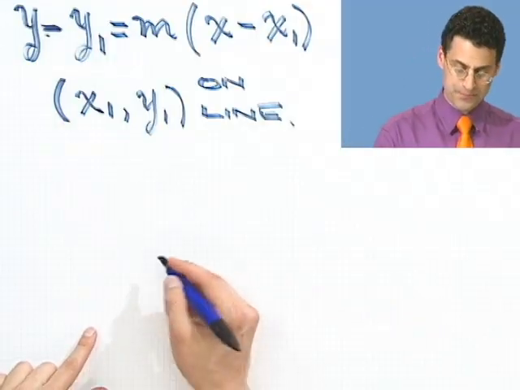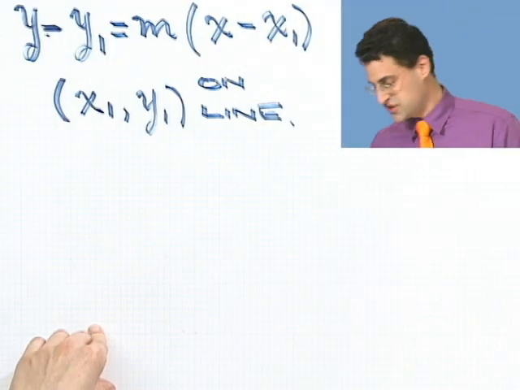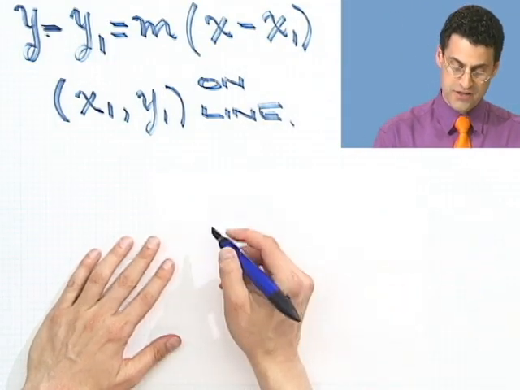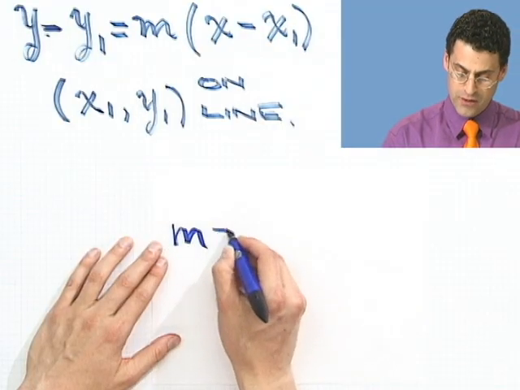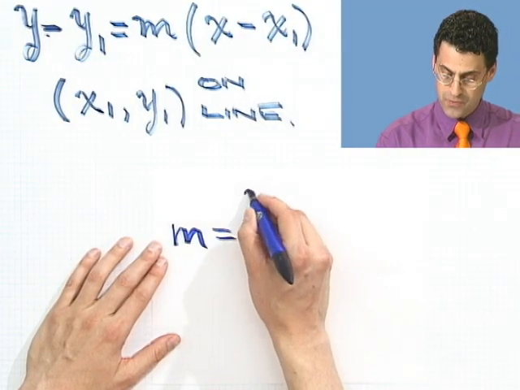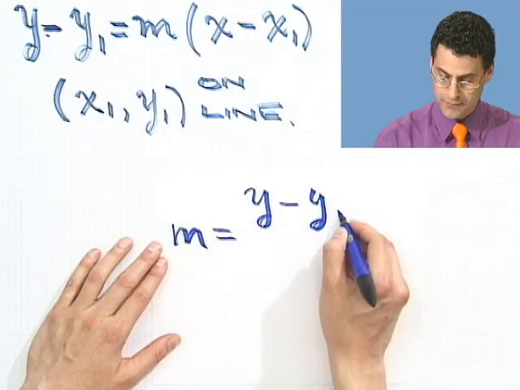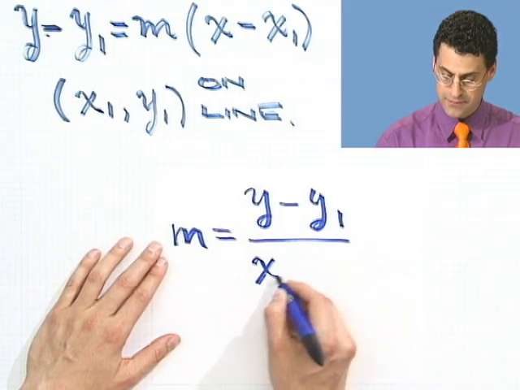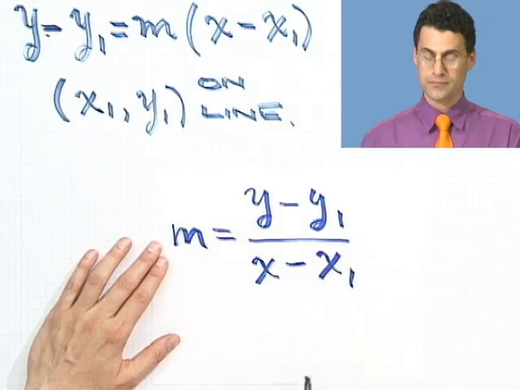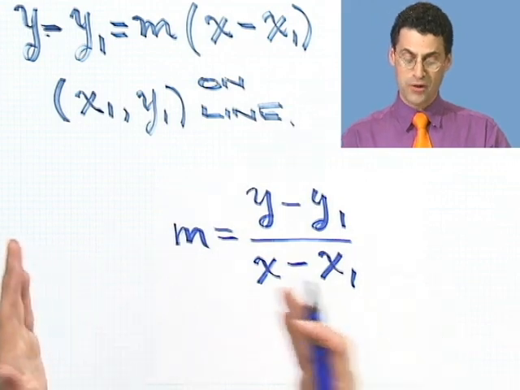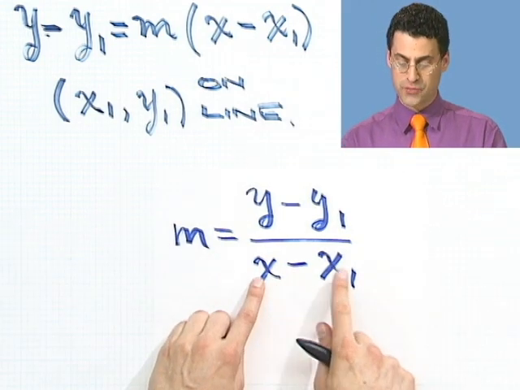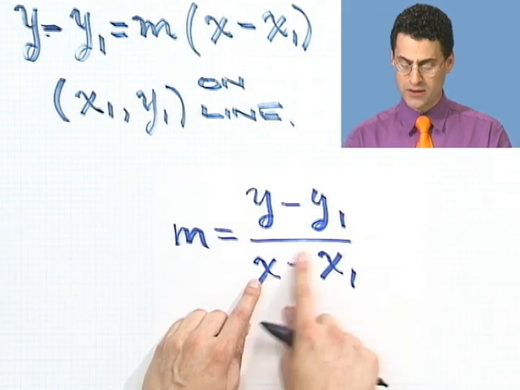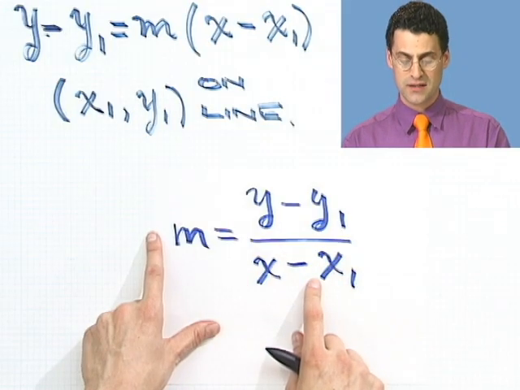Well, if you think about it, slope is just change in y over change in x. So what I know is that slope will have to equal the change in y over the change in x. And if you just multiply both sides by x minus x1, look what you see.